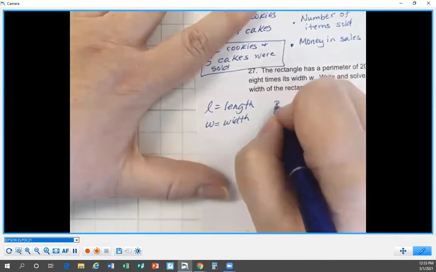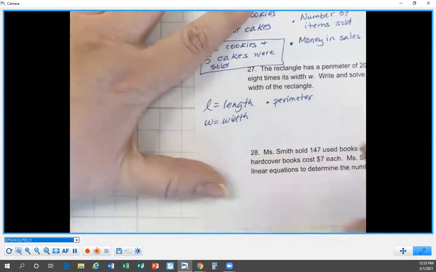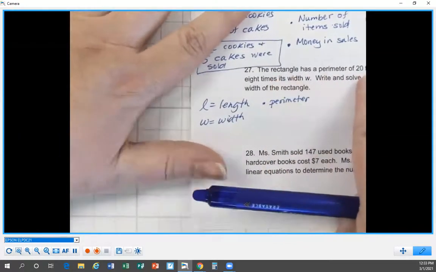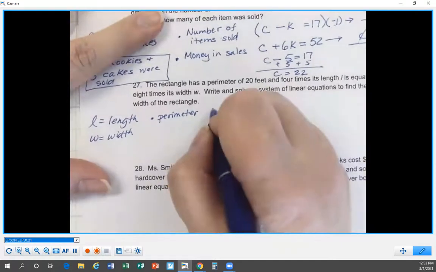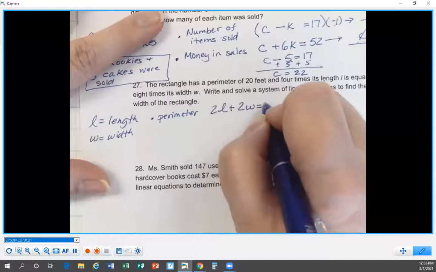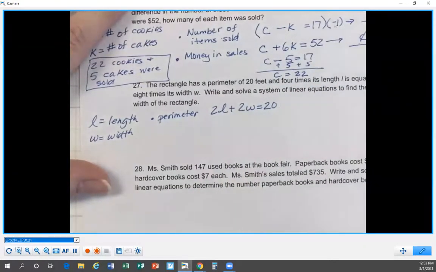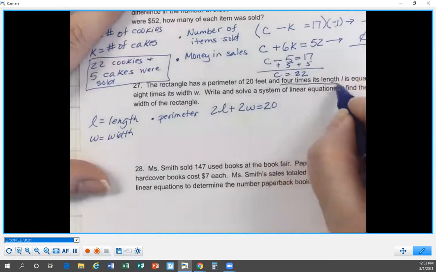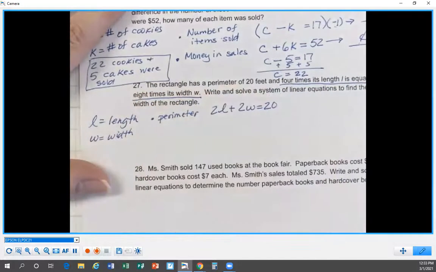So perimeter is our first equation. 2 lengths plus 2 widths equals 20 because they tell us the perimeter is 20. So 2L plus 2W equals 20. Okay, and then they also tell us 4 times the length is equal to 2 less than 8 times the width.